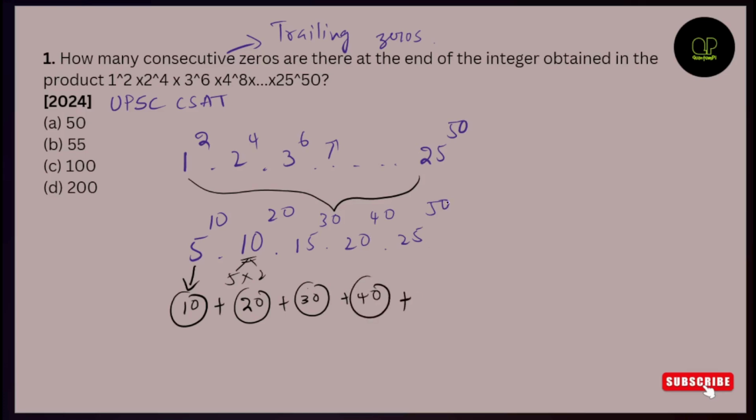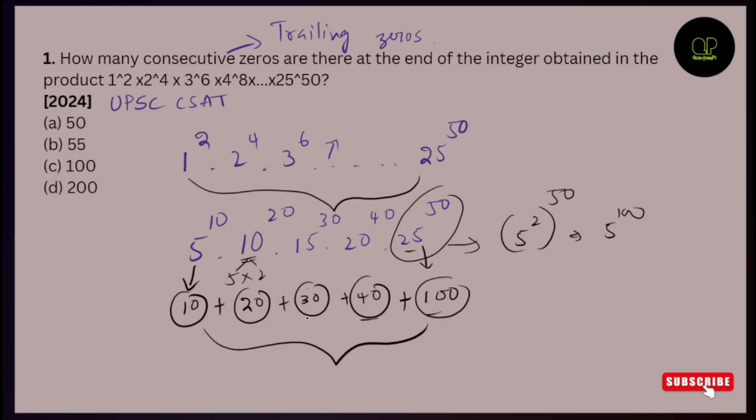Plus here observe, we have 25, which is 5 square, and whole power 50, so this is 5 power 100. So in this we have 100 fives. Overall 100, 140, 170, 190, and we have 200 fives in this product. So there are 200 fives and definitely 2s would be more than 200.